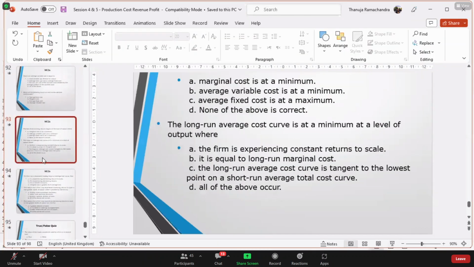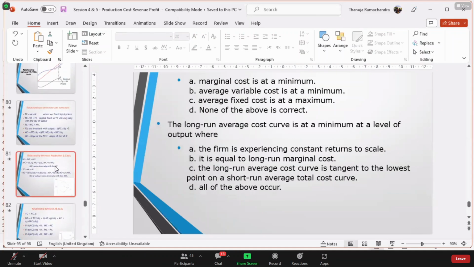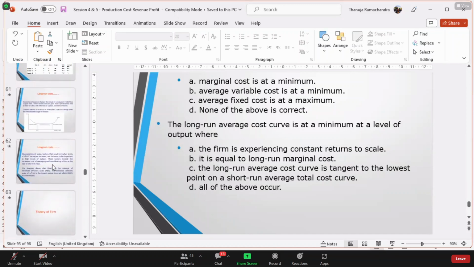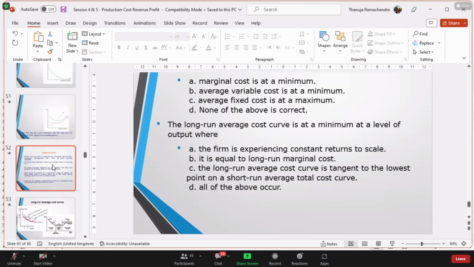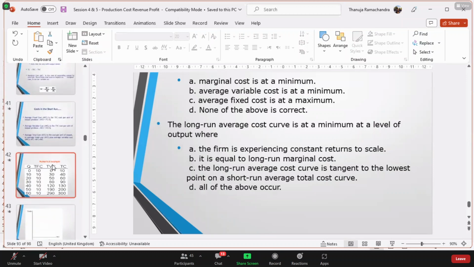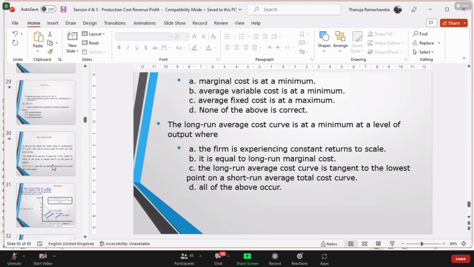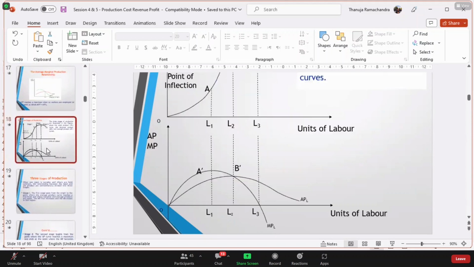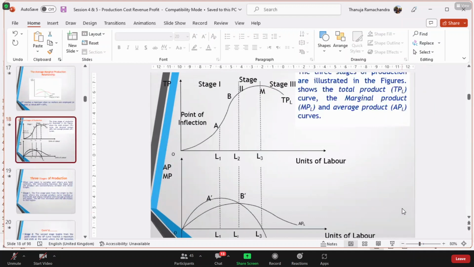So where can you go for this? It's about the law of diminishing marginal returns. You remember those 3 phases of the production graph we had? So 3 stages actually.